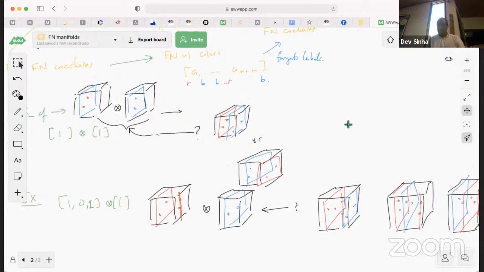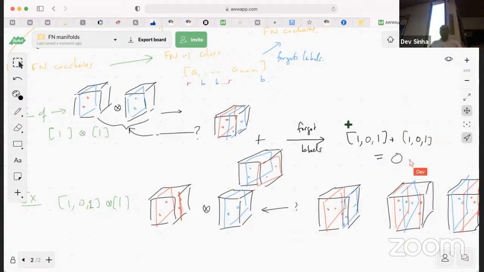right. So notice here, this is an important point. I said or, let me actually change this to a plus, because in the cochain world, when I forget labels, I'm going to get 1, 0, 1 plus 1, 0, 1, which, because we're working mod 2, is 0.